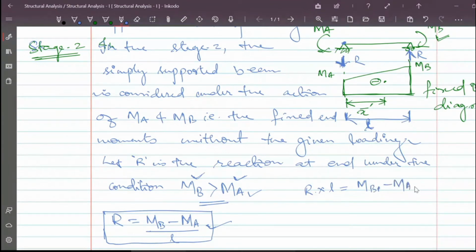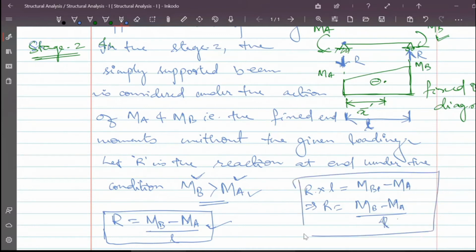So this implies R equals MB minus MA by L. From this we got the same value.